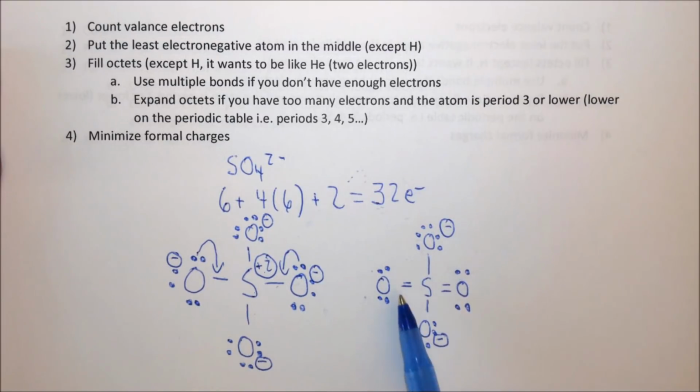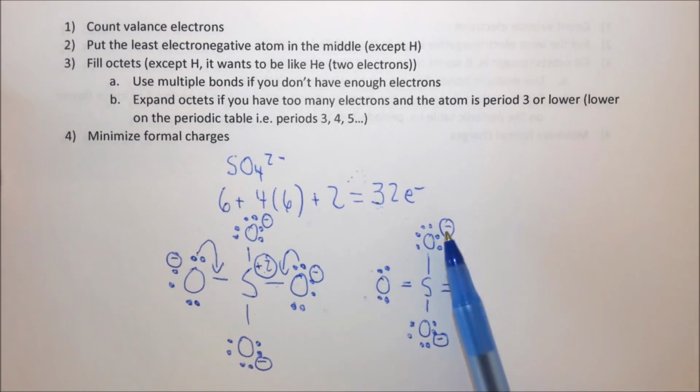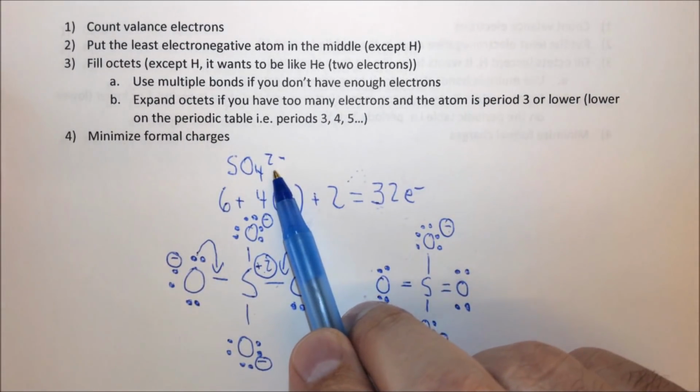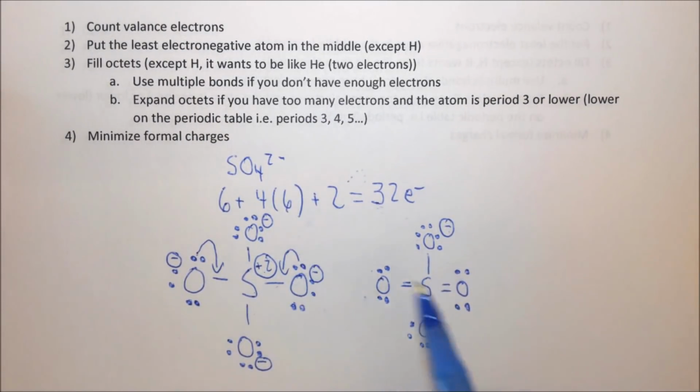So now I have 2 neutral oxygens, a neutral sulfur, and 2 minus oxygens. Notice that the sum of the formal charges, minus 1, minus 1, add up to the overall charge on the species. So this looks like a pretty good Lewis structure.